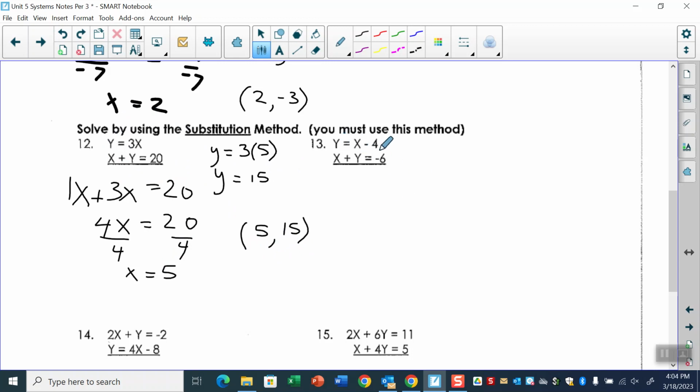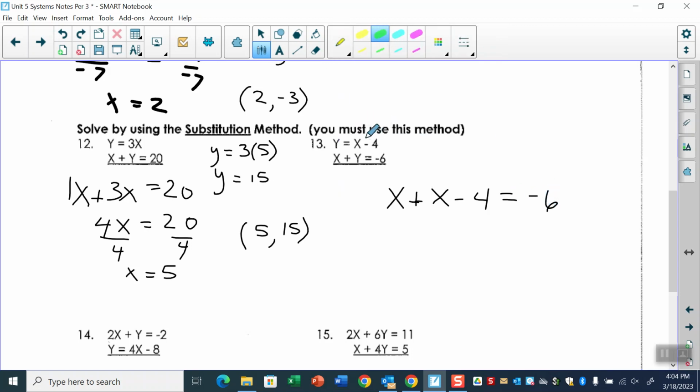Okay. And then here, y is all by itself. So I'm going to rewrite this equation here. I'm going to say x plus, but instead of y, I'm going to put in x minus 4 equals -6.